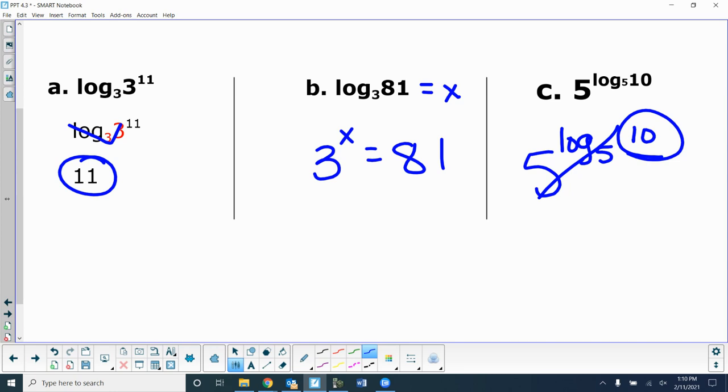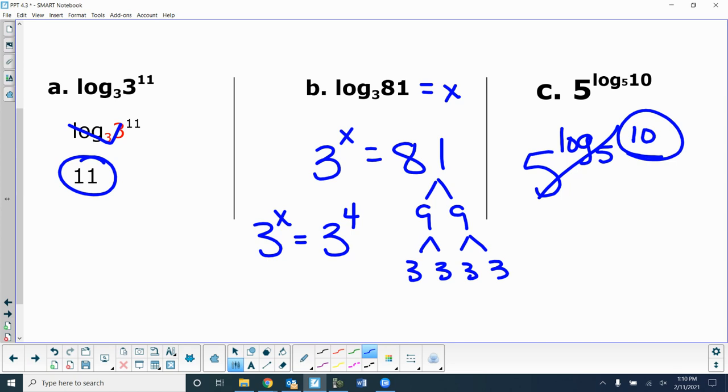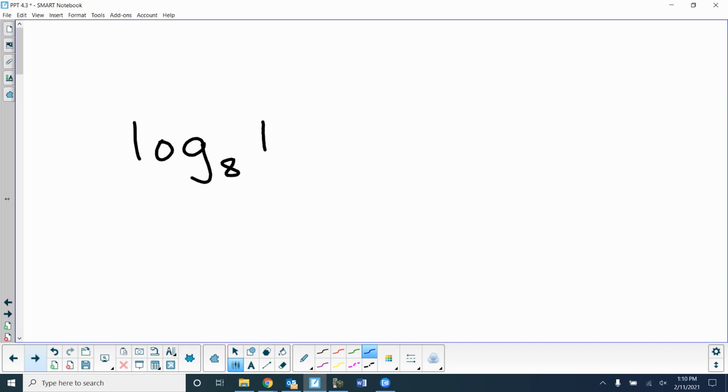All right, so you can think about 81 as 3 to the 4th, right? So if I have this side equals this side, and these are the same, then whatever those exponents are are equal, which is what Ashton said, 4. Good guess. Or you were looking ahead. No, I really just said four. So again, just do this.